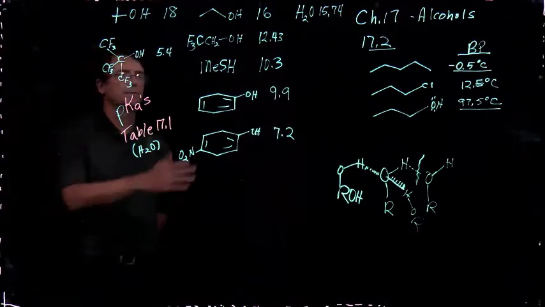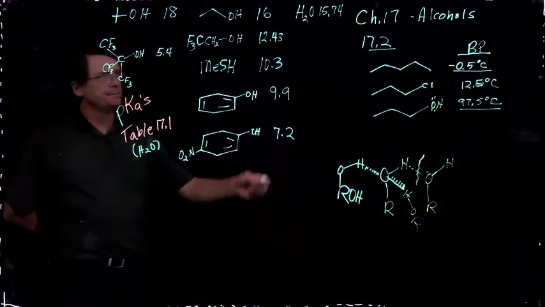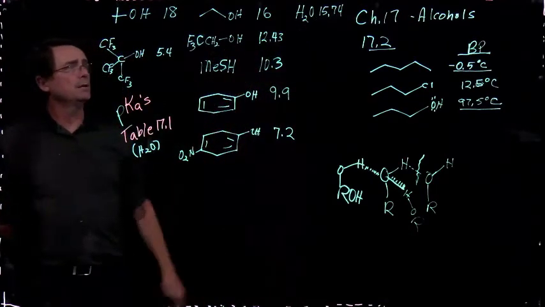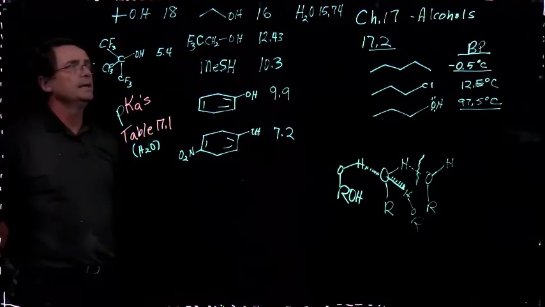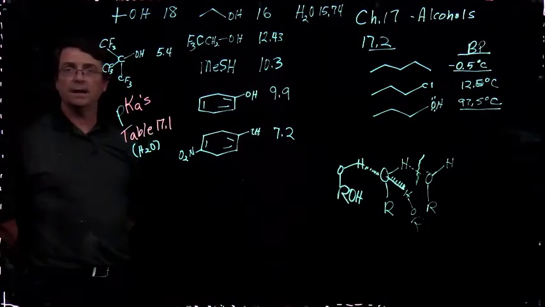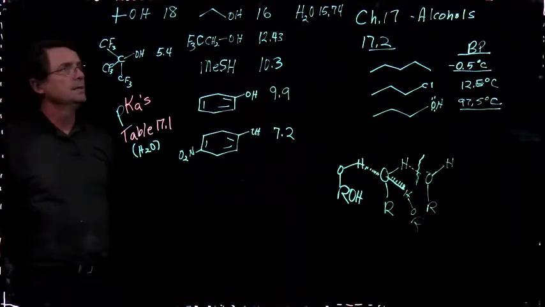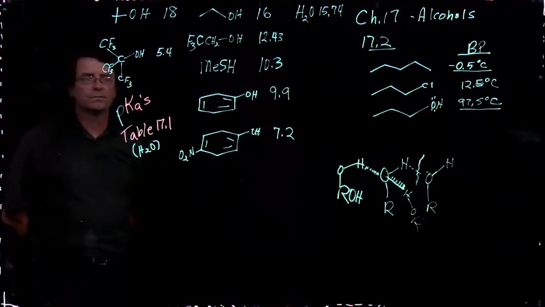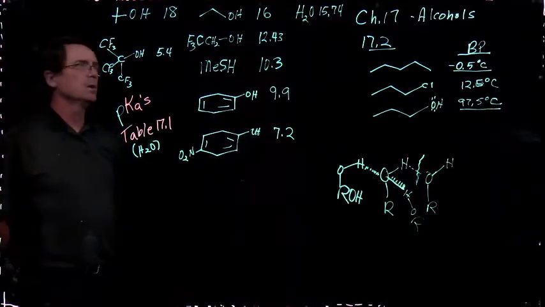But for now, this is good data for us to understand alcohol acidity. So water to ethanol. Ethanol, a common organic solvent today, you might find it in a hand sanitizer in a 65 to 75% solution. Might be the most common place that you're finding it. Of course, it's part of the beverage industry as well.